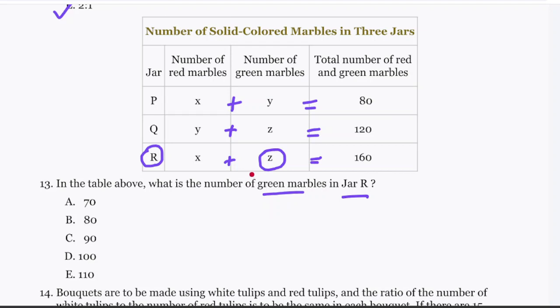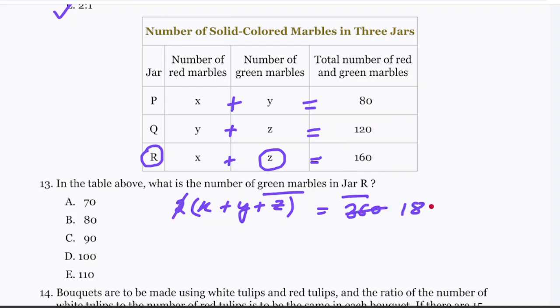If you add all these, you get 2 times X, 2 times Y, and 2 times Z. That means you got twice of X plus Y plus Z, 2 common I have taken, equal to the total of all these, that is 360. 80, 120, 200, 200 plus 160, 360. The 2 gets cancelled.